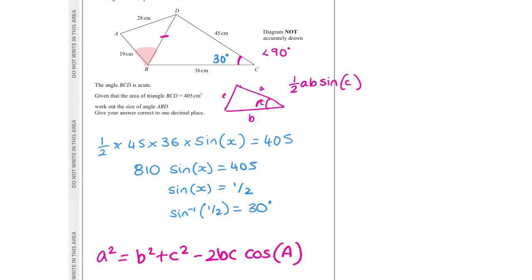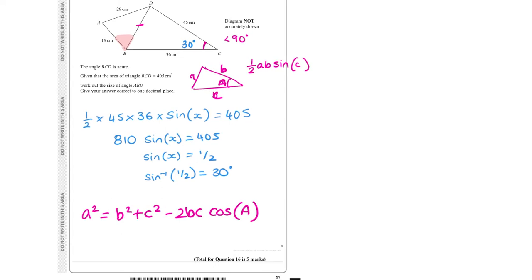So in this case, our a is our angle, which we worked out, our little a, and this is our b and c. So we're going to have a squared equals 45 squared plus 36 squared minus 2 lots of 45 lots of 36 cos of 30.